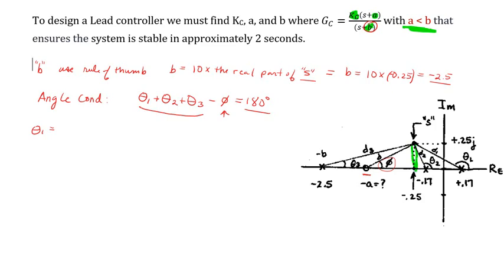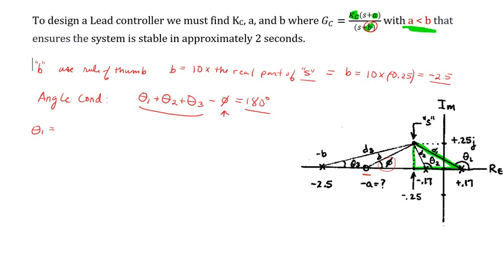Let's try that one more time. There's the hypotenuse. Here's the adjacent side, and here's the opposite side. So that's the triangle we're going to use.